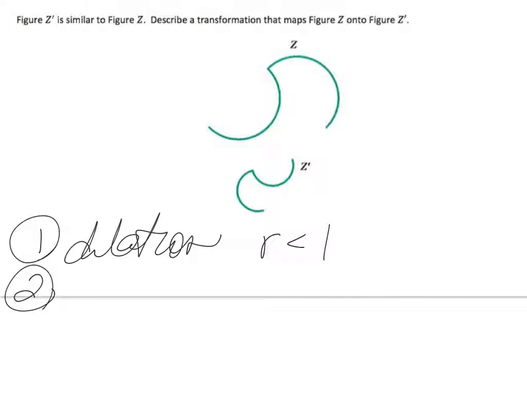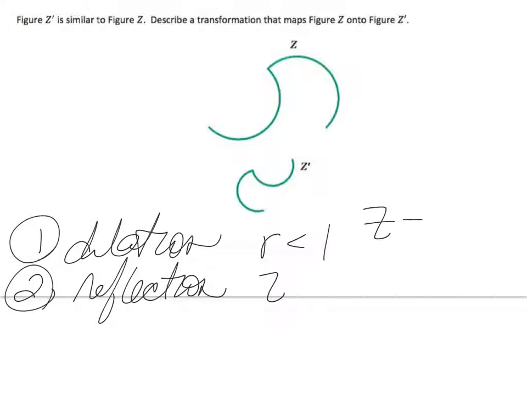And then next it looks like I have a reflection. So my dilation is going to give Z to Z1. My reflection's going to give me Z1 to Z2.